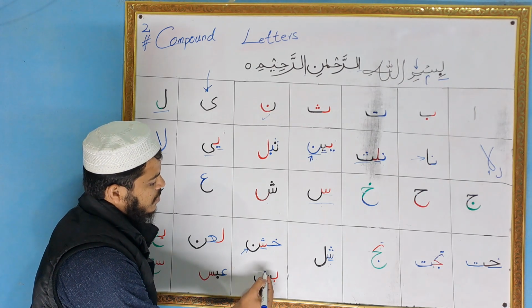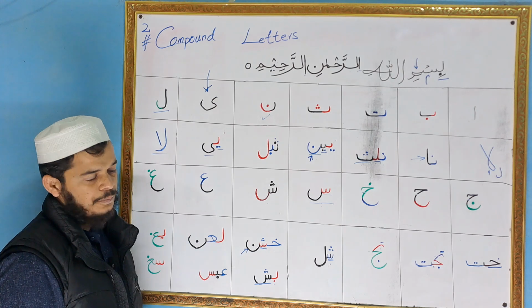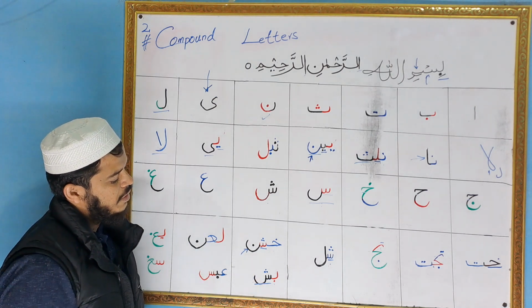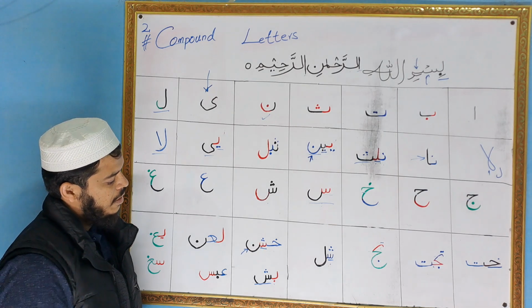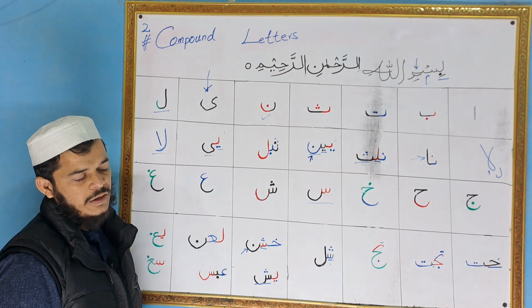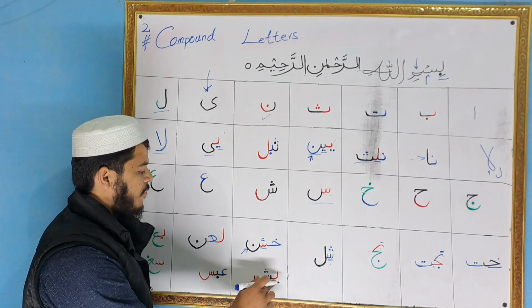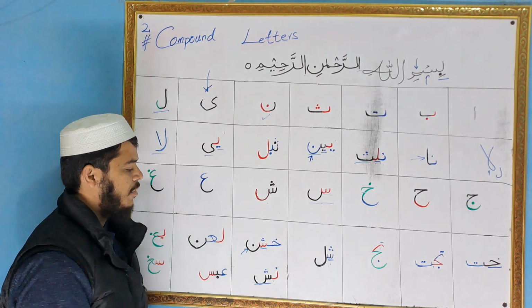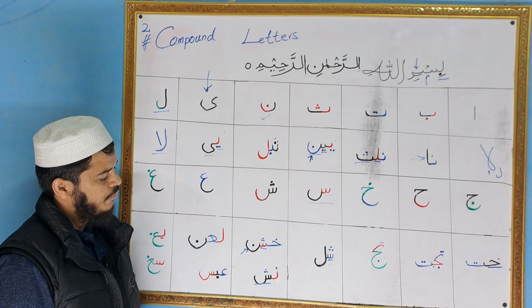We can convert this seen into sheen by placing three dots on it. Now it will be considered as ba, sheen. And if I put a dot there, now how will you read it? Ya, sheen. And if one dot is on top, it will be noon, sheen.